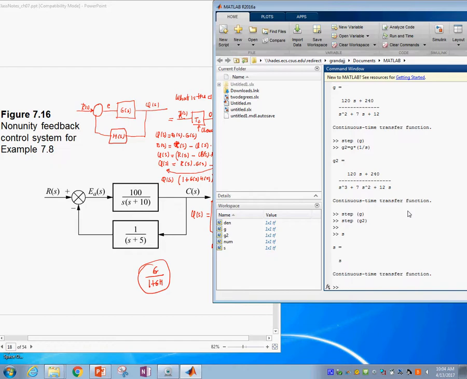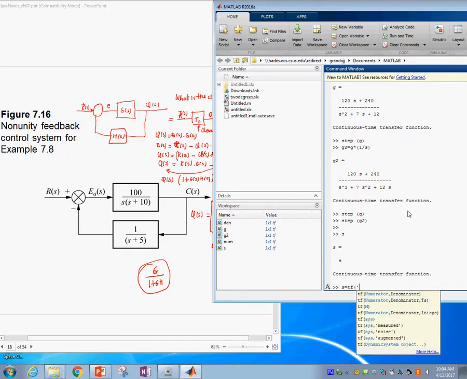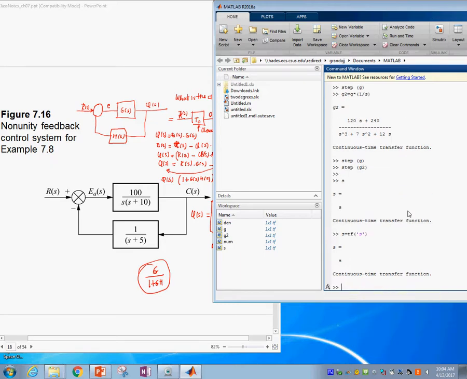If you don't remember that, let's do it over. So S is equal to a transfer function element like this, S, so whenever we type S, the computer knows it's a transfer function element.